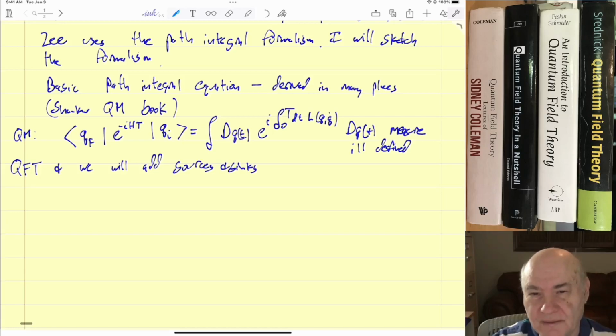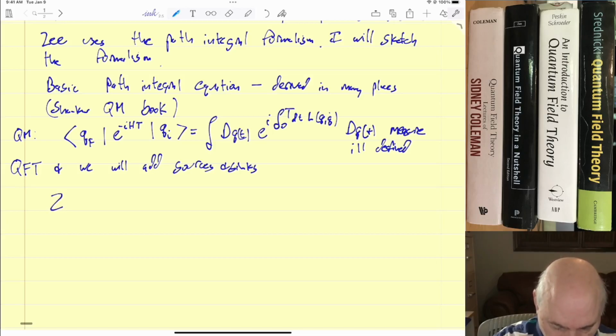Schwinger used to describe quantum field theory as sorcery, and he wrote several books. He tried to develop the whole theory based on sources and sinks. So now we'll end up getting what we call the basic object in the path integral field theory. It's almost always called Z, and it's going to be the integral.